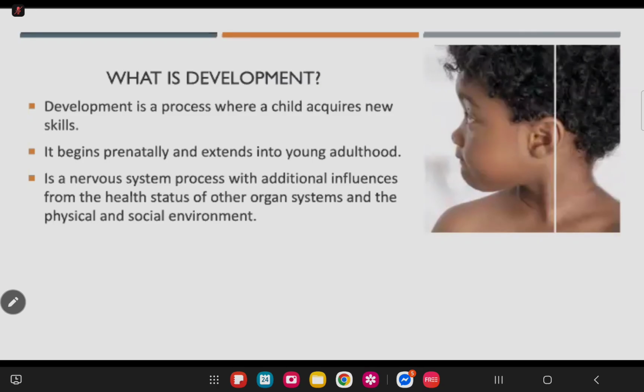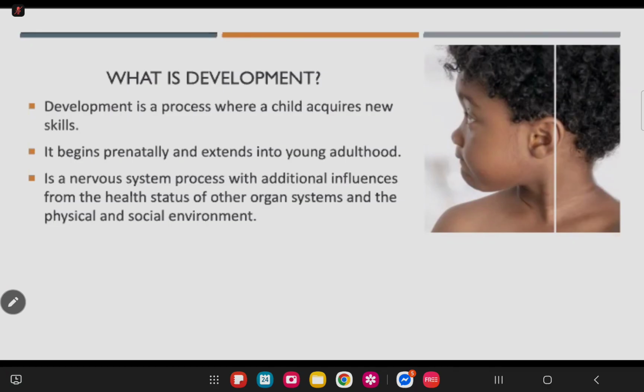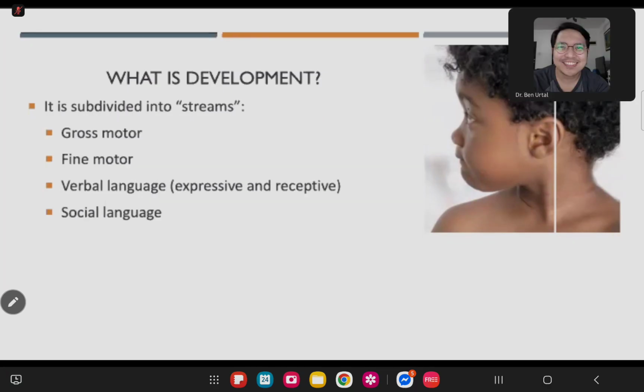It is also important to note that development is cephalocaudal, meaning it starts from the head going downward and out. Okay, so in other words, development is multifactorial. It's not affected by nutrition alone or your environment alone. It's multifactorial.